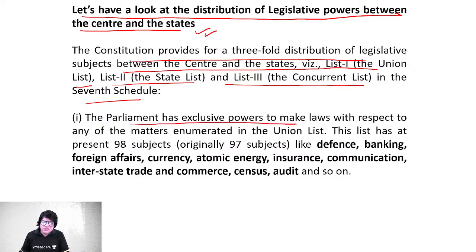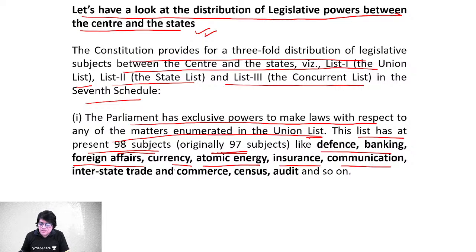The Parliament has exclusive power to make laws with respect to any of the matters enumerated in the Union List, which has at present 98 subjects; originally it had 97 subjects. Important subjects like defense, banking, foreign affairs, currency, atomic energy, insurance, communication, interstate trade and commerce, census, and audit are all included in the Union List.